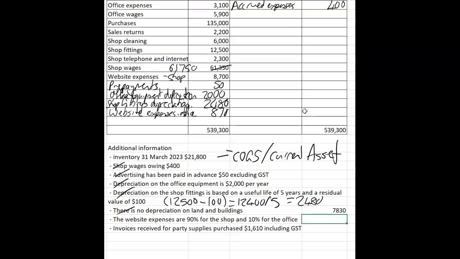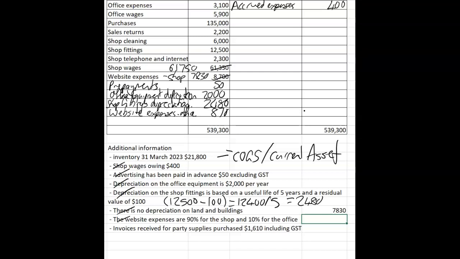And your 90% is going to be this figure, 7830. Now, in the assessment, you have to get both that one and that one right in the right places in order to get the excellence mark. This one here will be as a distribution cost, and this one here as an administrative cost.